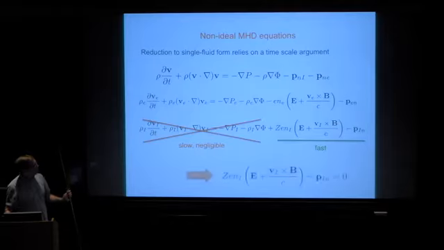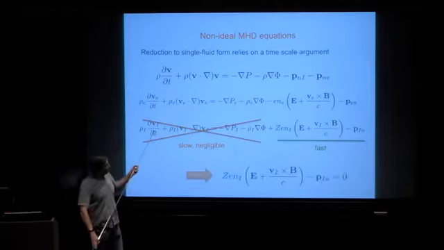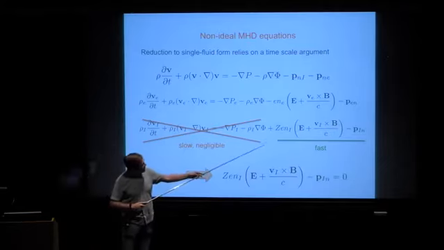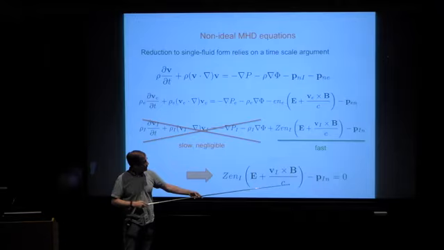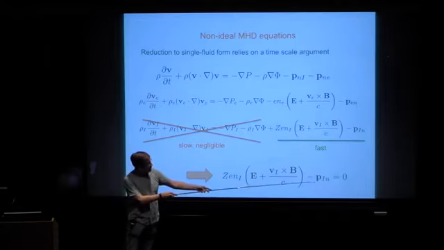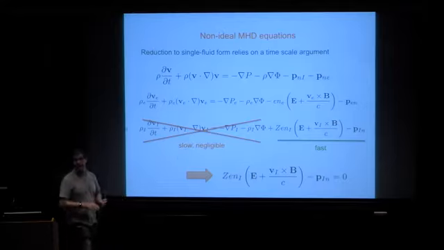So we can ignore all of this complicated stuff and just say that this is equal to 0. Then we get a relationship between the momentum coupling term and the one representing the electromagnetic effects.